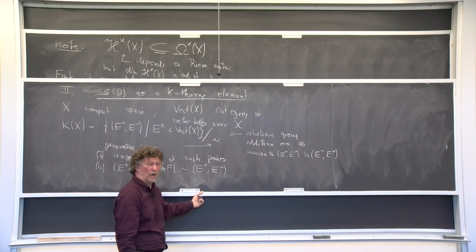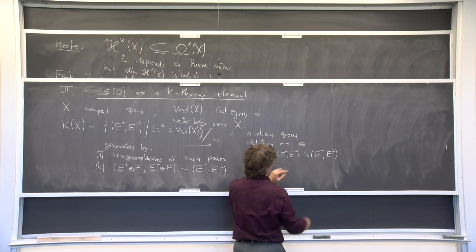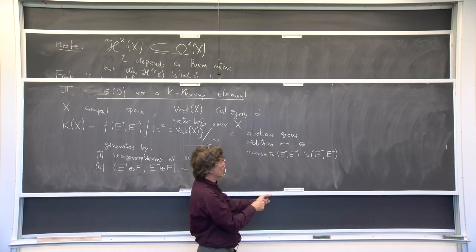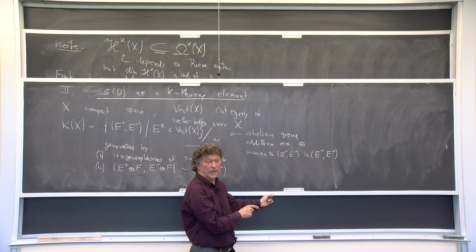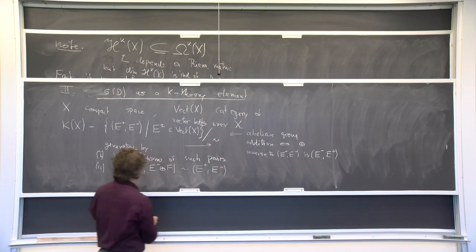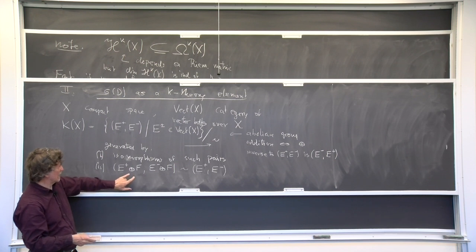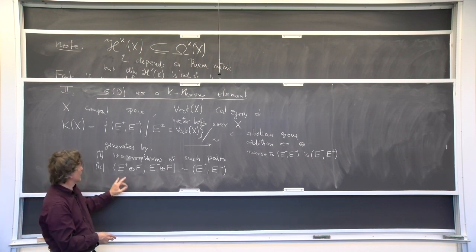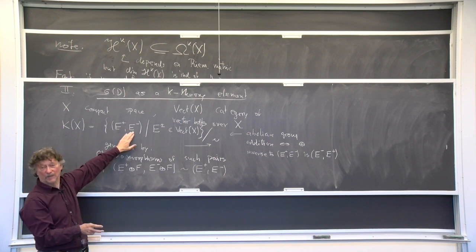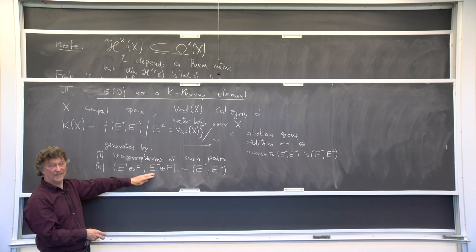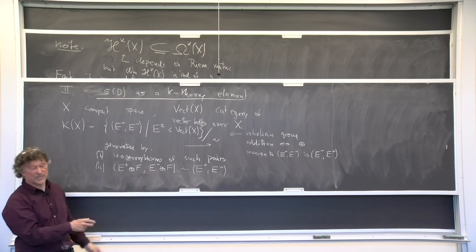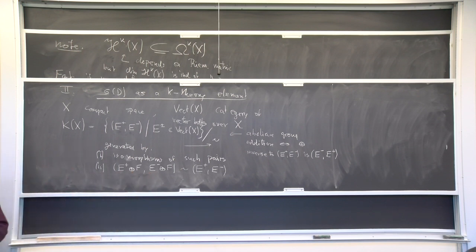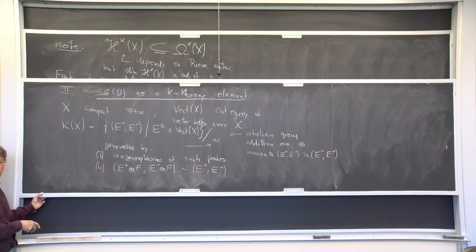You might say, why? If you add this to that, then you're getting E plus plus E minus, comma, E plus plus E minus. But why should that be trivial? Well, by this relation, since that is isomorphic to the bundle. This relation in particular means that any pair where those two terms are equal is equivalent to 0. And that's why E plus plus E minus, comma, E plus plus E minus represents 0 in this group. So this makes sure that you get an abelian group.